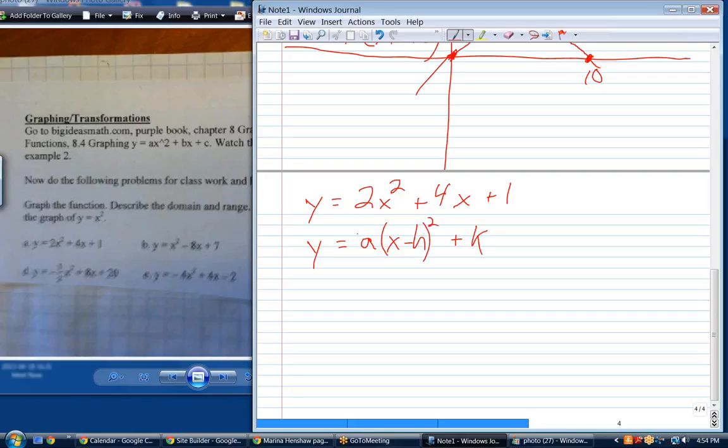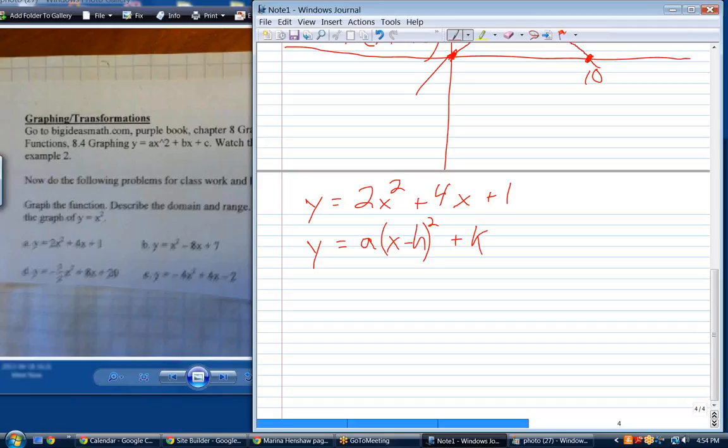Once I can get it into this format, then I'll know the vertex is at (h, k), and I'll know its domain, I'll know its range, and I'll know that it's a transformation of y equals x squared. It will have been moved over some amount h, it will have been moved up some amount k, and it'll have been stretched by a factor of a.